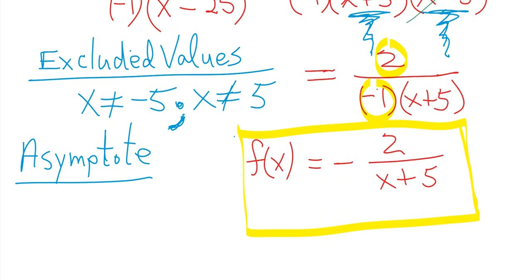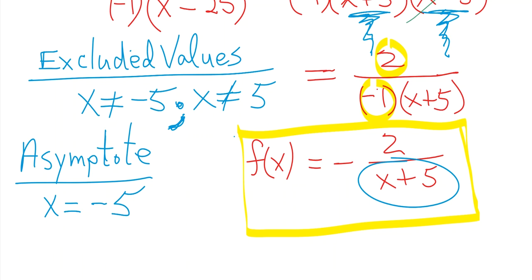Notice that it remains right here. We still have this guy in the denominator right here. So this will be 0 when x equals negative 5. So x equals negative 5 is an asymptote.